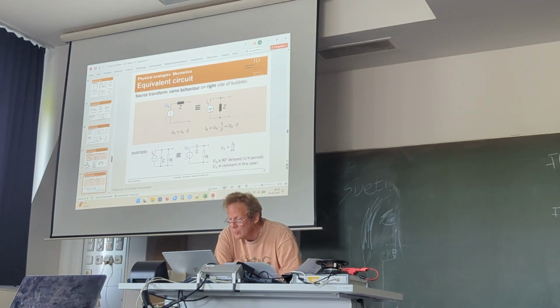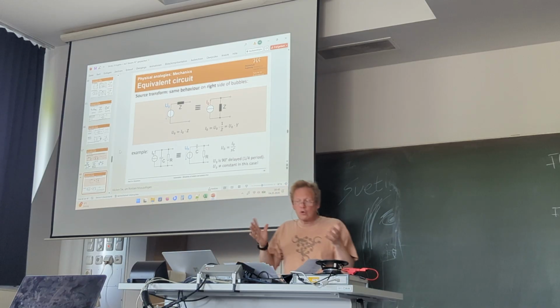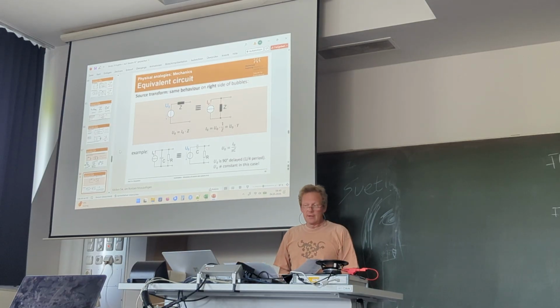As to the values, if you have a voltage source, then you can calculate the corresponding current value. Just like Ohm's law, it's the original voltage source divided by the impedance. It doesn't always have to be a resistor. You can take any component. You don't have to take all components which are in series.